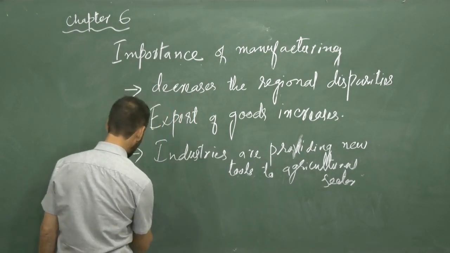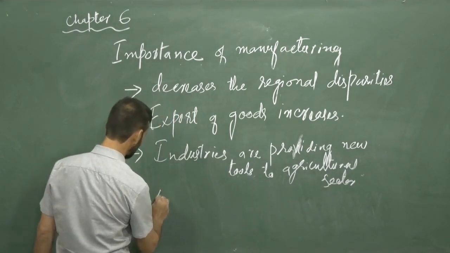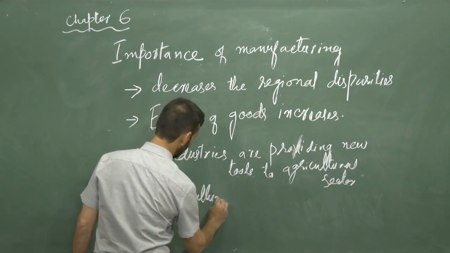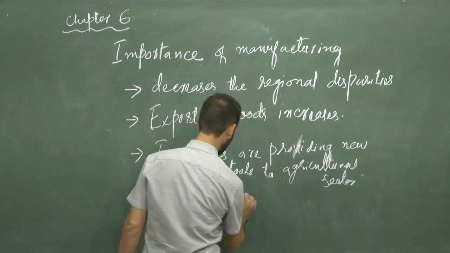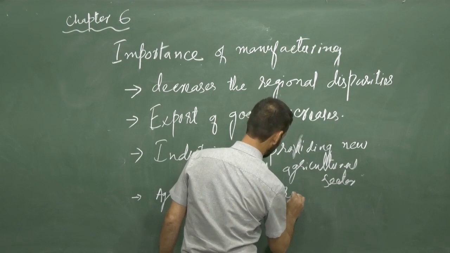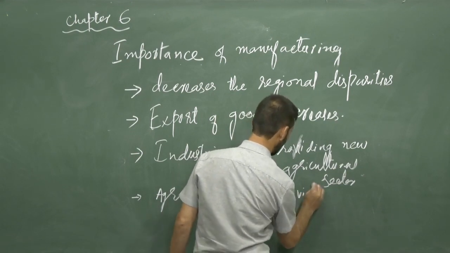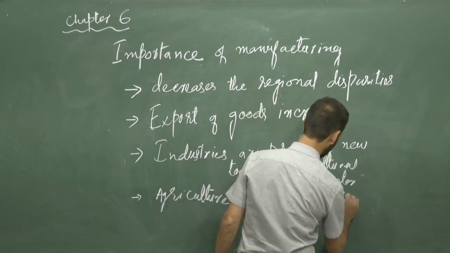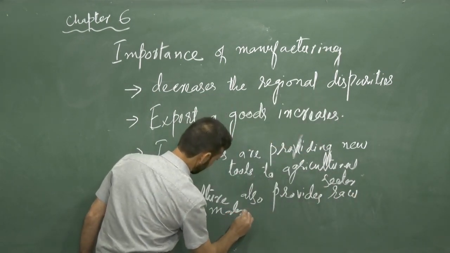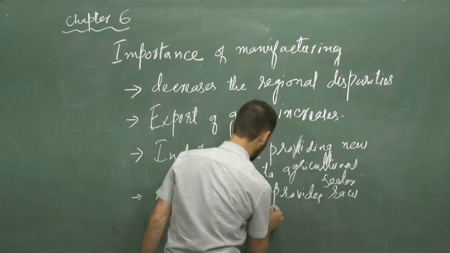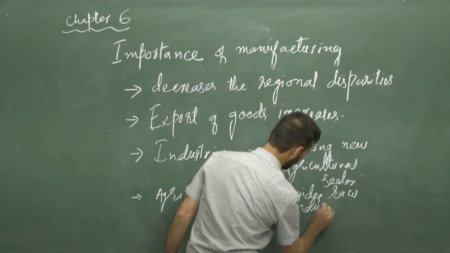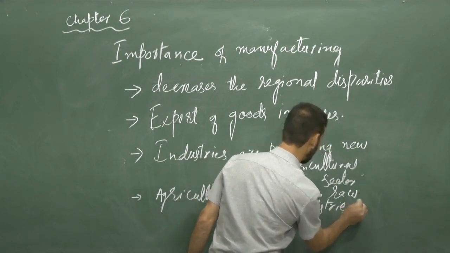And agriculture also provides raw material to industries through which industry can run.